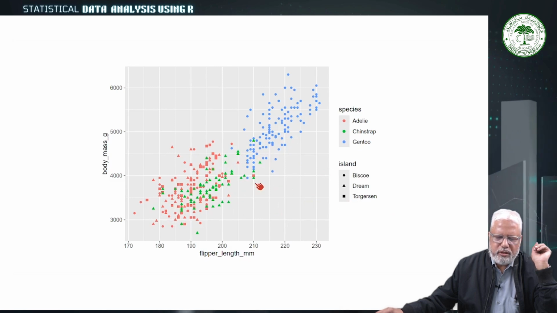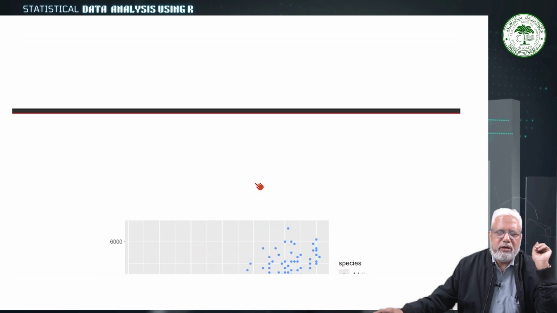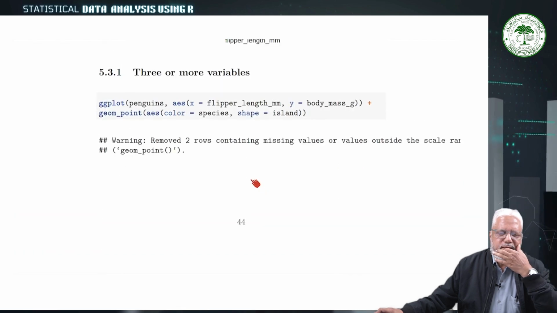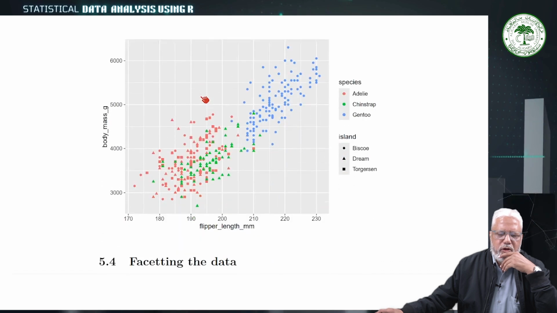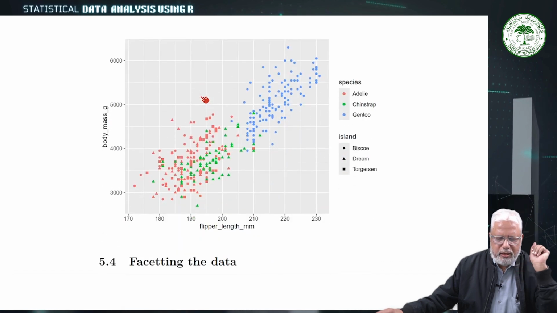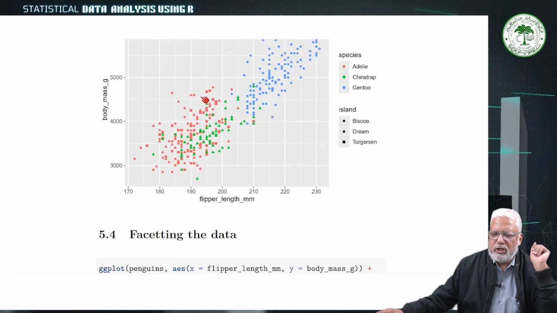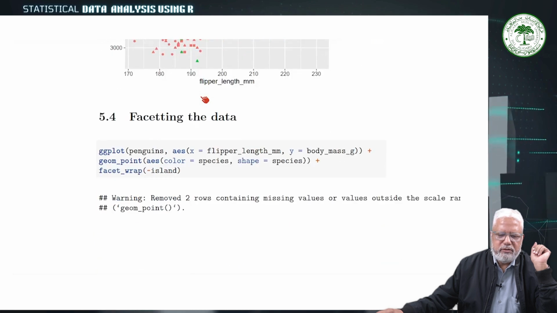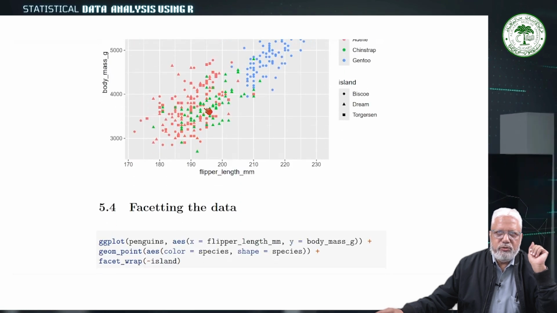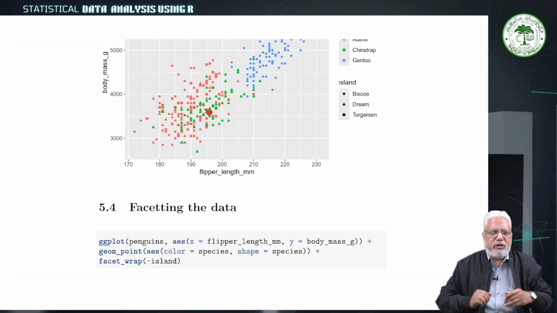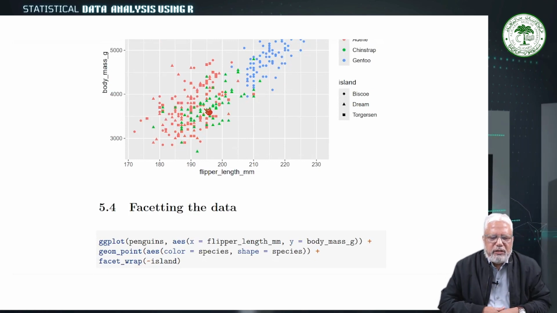So they are everywhere. This way we can cover three or more variables, but only two are numeric, the rest are categorical. Now in my next lecture I shall talk about faceting of the data.